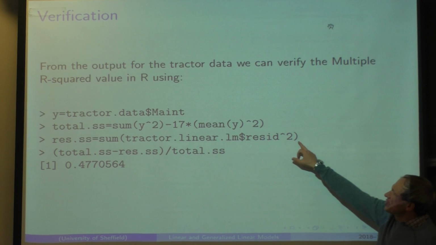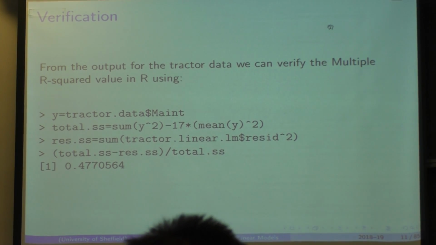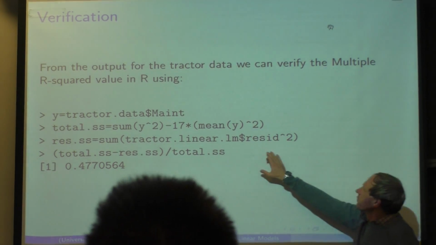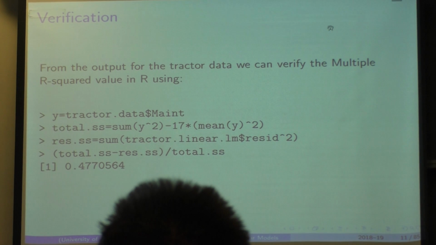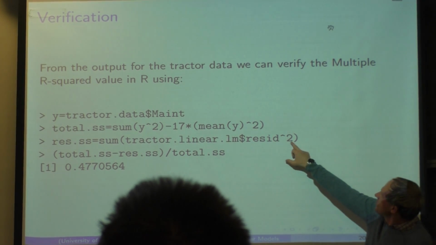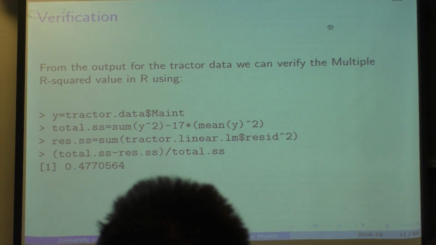Okay, the residual sum of squares, we've already seen how to calculate that. We get the residuals from the model that we've fitted, and we square every entry in the vector, which is what's happening here, and if we sum, we get the residual sum of squares.